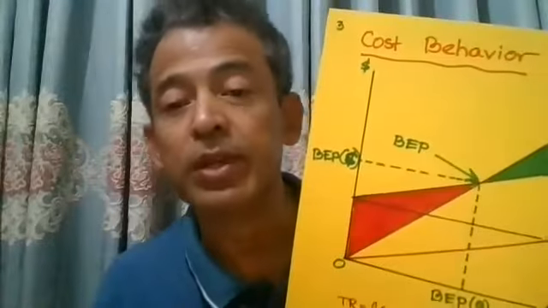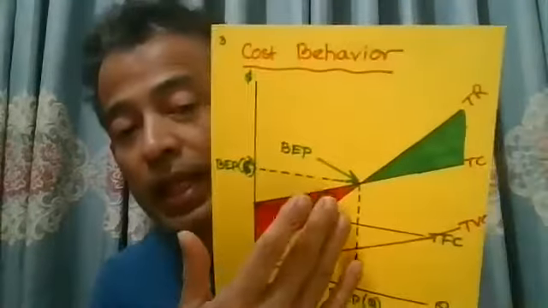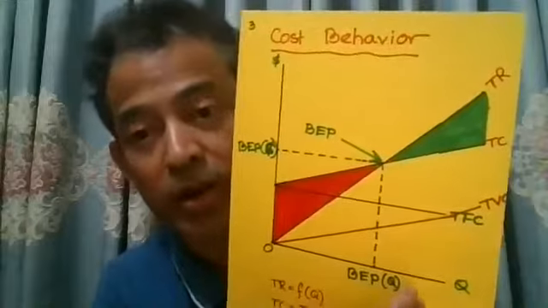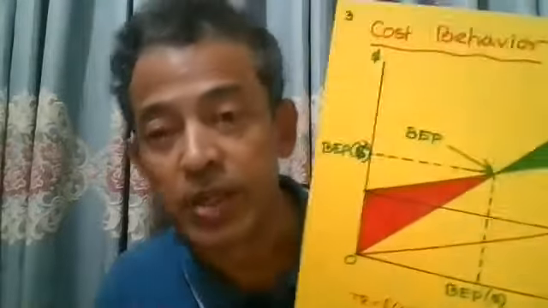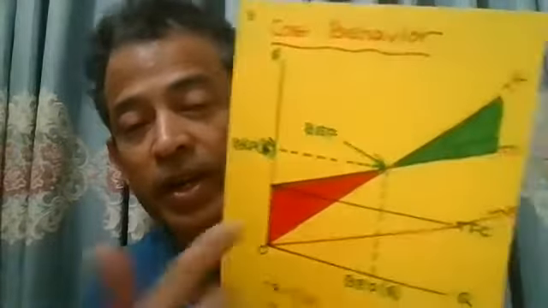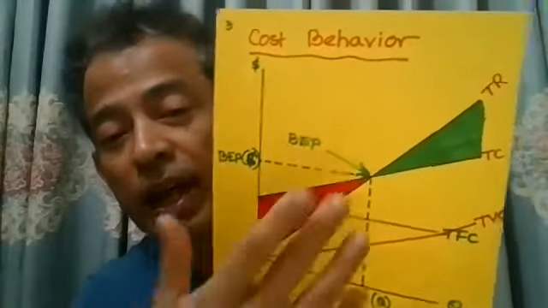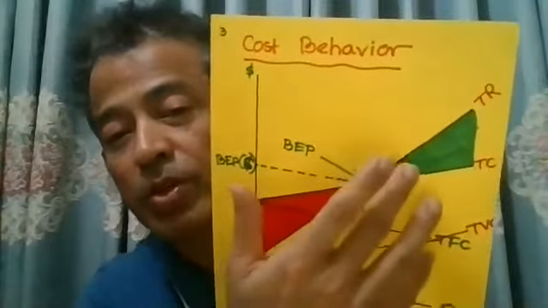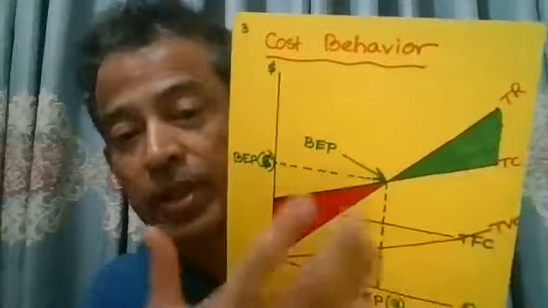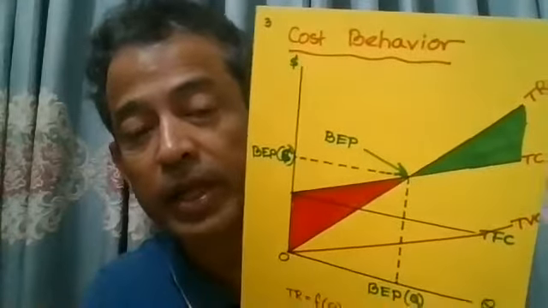So at this point, we finally have our first sigh of relief. And then if I can sell a little more, now things are rosy. Things are much better. Now for every unit, I am seeing some contribution to my profit. I'm seeing the light of day.